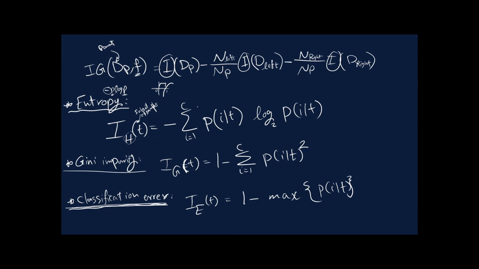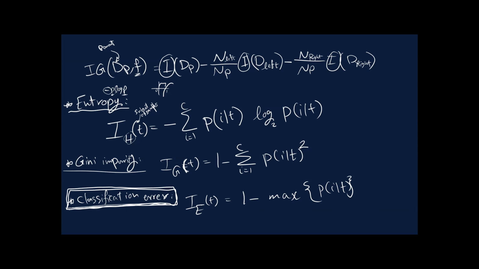And here we're looping over different classes and considering each of the probabilities. On the other hand, classification error is just considering the maximum of them. So just one probability. So it's not very sensitive to changes in our probabilities. And that's why even when we try our numerical example, you would find that the classification error was not very good in picking the information gain value.